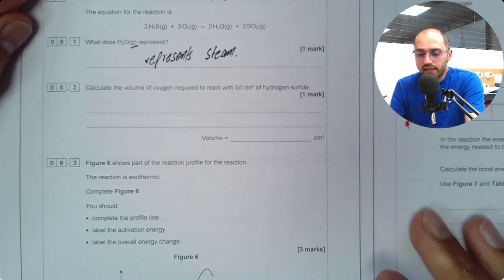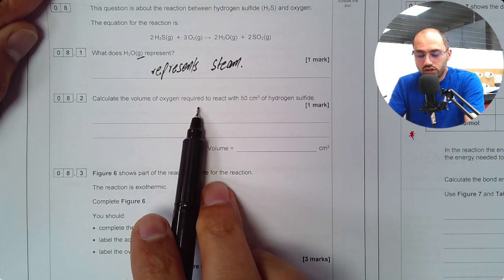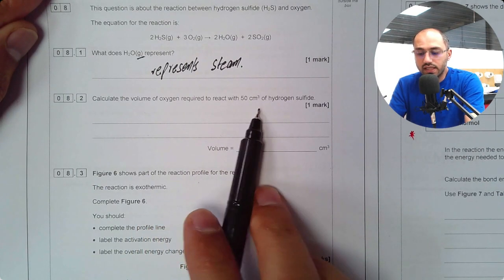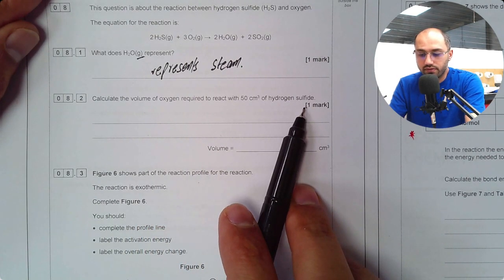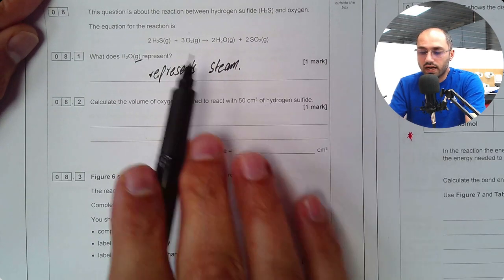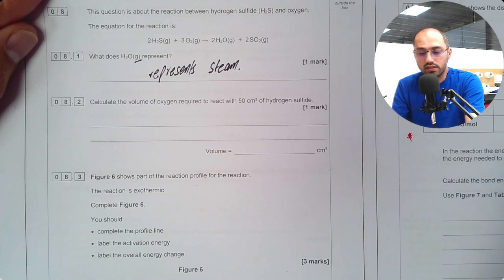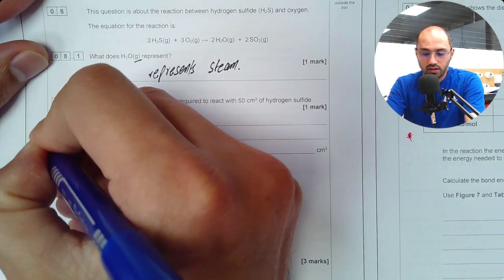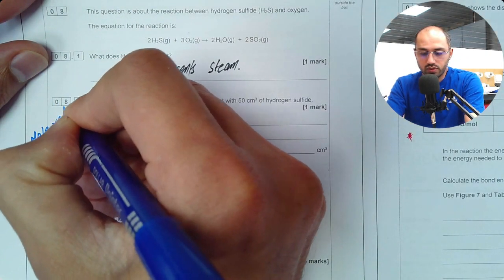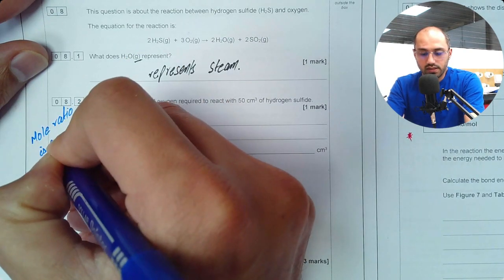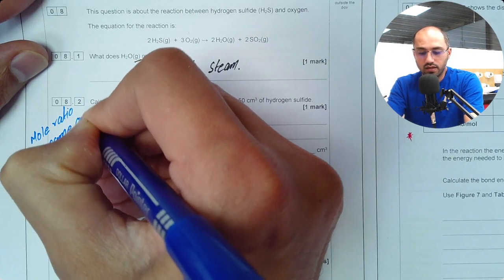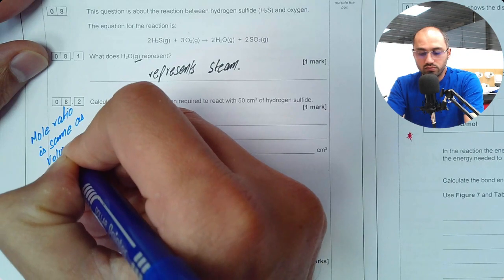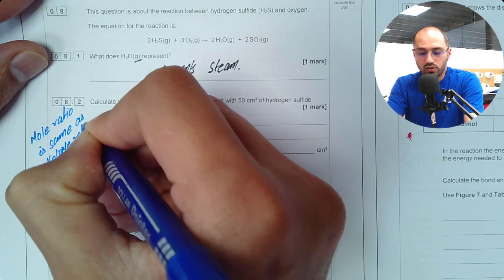The next part says, calculate the volume of oxygen required to react with 50 centimeter cube of hydrogen sulfide. Now in this case, all reactants as well as products are in the gaseous state. So you have to remind yourself that mole ratio is same as volume ratio.